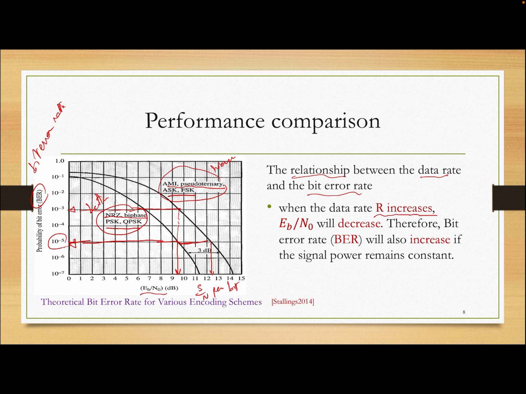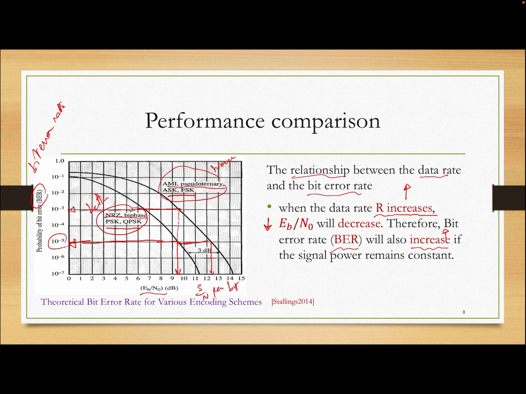Anyway, the relationship between the data rate and the bit error rate is something you should know. If the data rate increases, then the signal to noise ratio per bit will decrease. Again, the proof is in the lecture notes, so if you are in my class, you can read that. And the bit error rate will also increase.